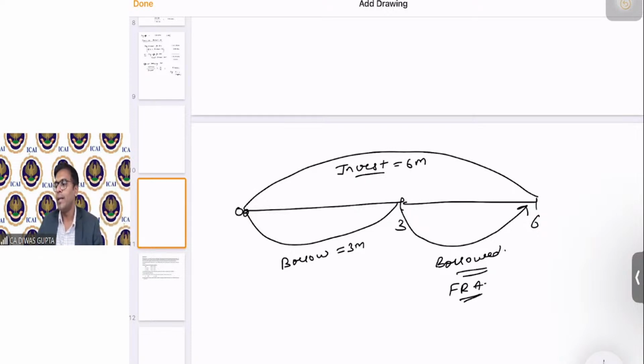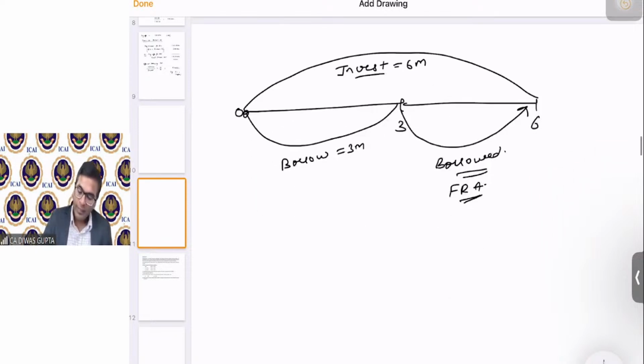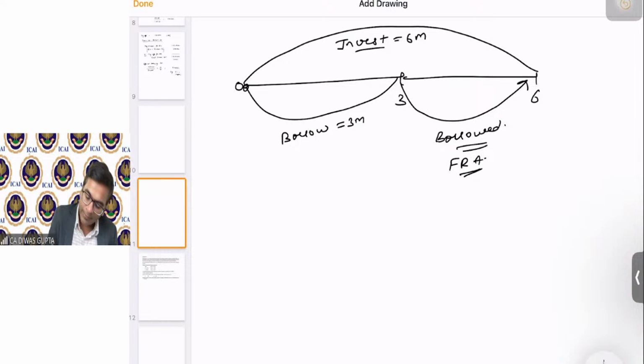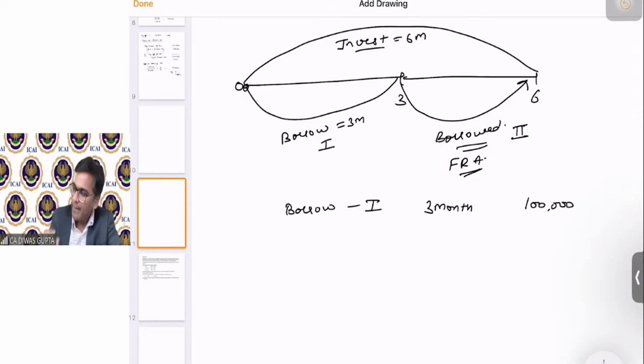The moment you do that, how will the gain or loss come? So let's say this is borrowing one, this is borrowing two. Hear me out, students. Borrowing one for 3 months. Let's take an example of 1 lakh. So 1 lakh will become, let's say, 1 lakh 3,000.